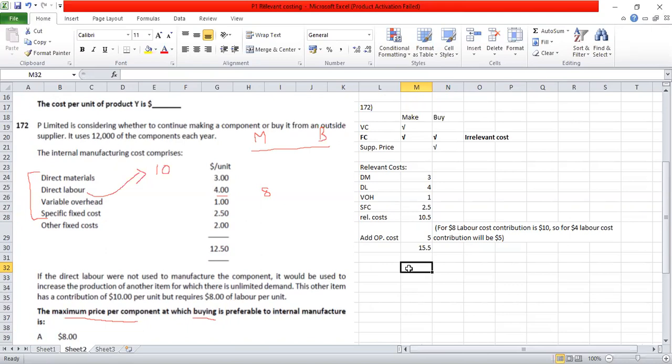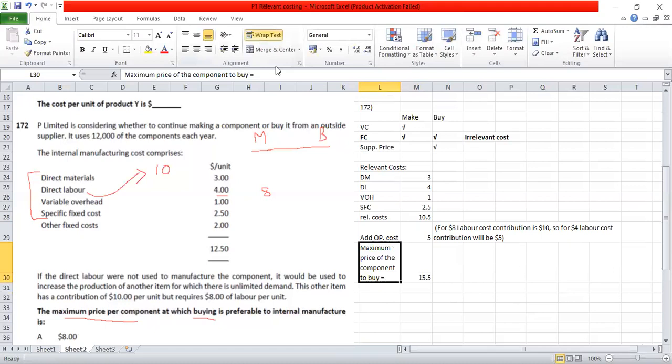So the maximum price per component, 15.5 is the answer.